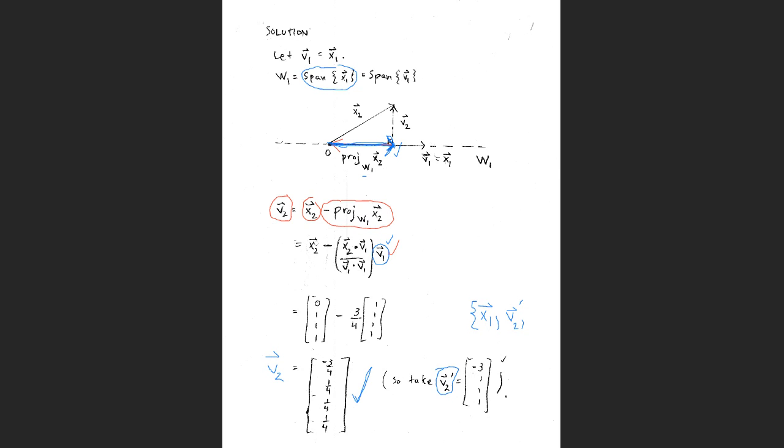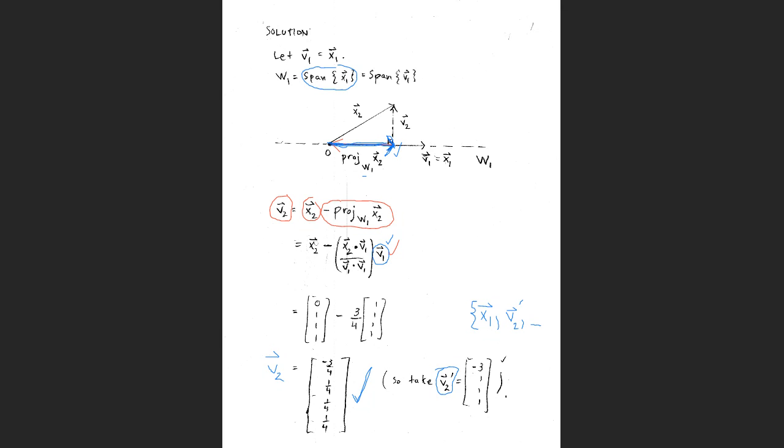Well, do we have our orthogonal basis yet? Are we done? Not yet. That's right, because x1, x2, and x3 form a three-dimensional subspace of R4. I only have two vectors.